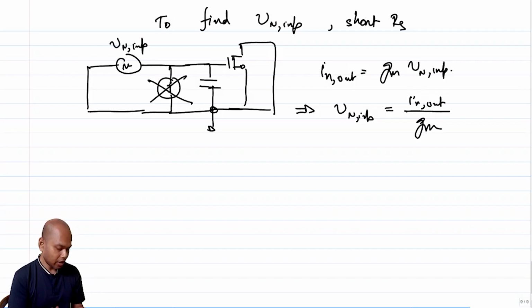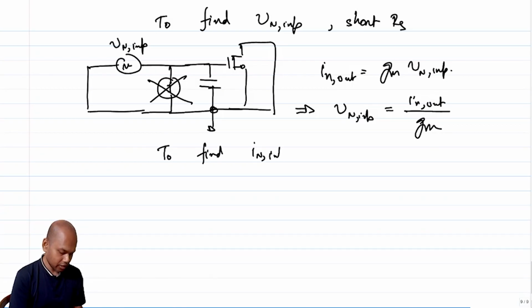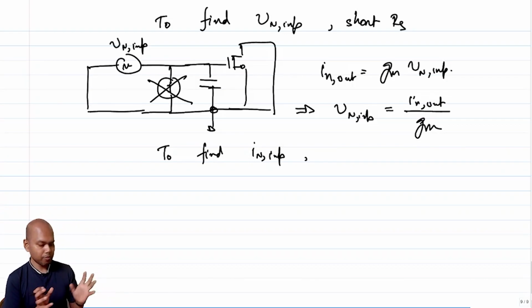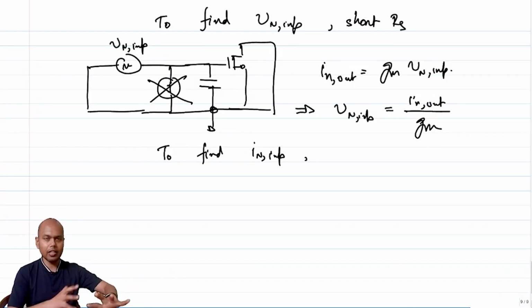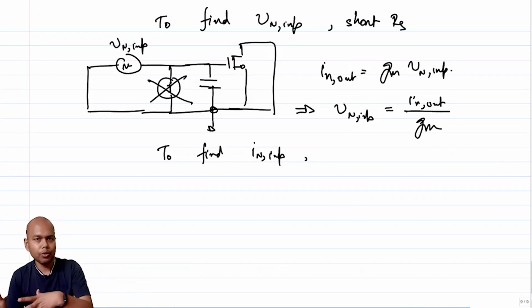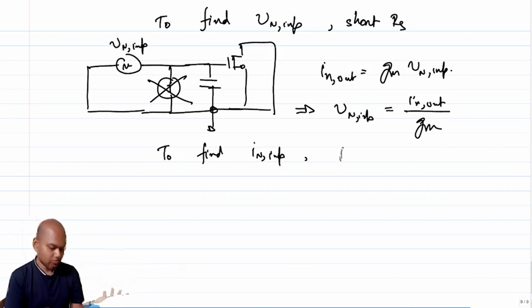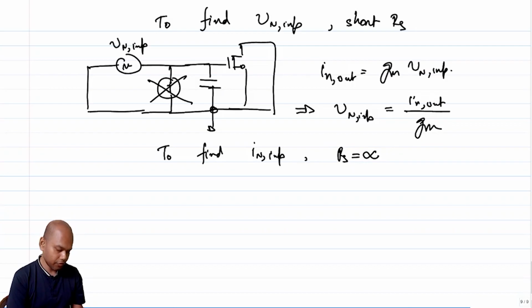Now I have to find In INP. To find the input referred noise current, what do we need to do? We need to set up the circuit in such a way that Vn INP does not contribute to any output current. So make Rs infinity.